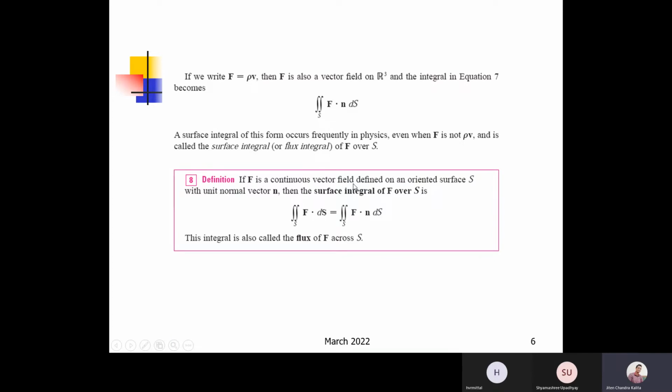If F is a continuous vector field defined on an oriented surface S with a unit normal vector N, then the surface integral of F over S is given by this. As I have told you, this integral is also called the flux of F across S, because it is like mass per unit time. Basically, it is some physical property coming across that surface per unit time.